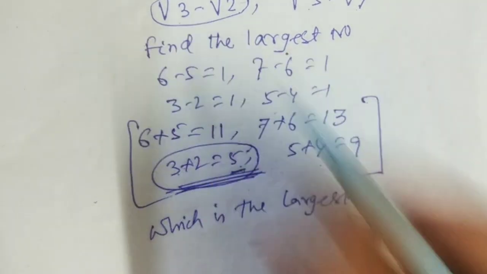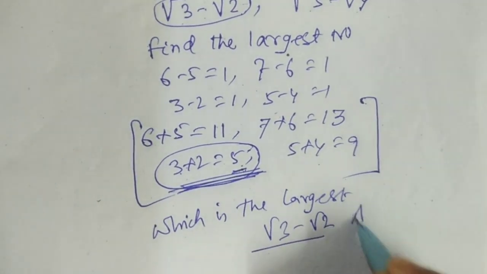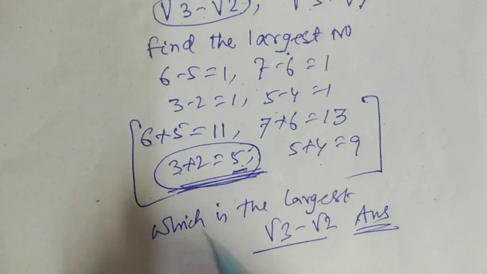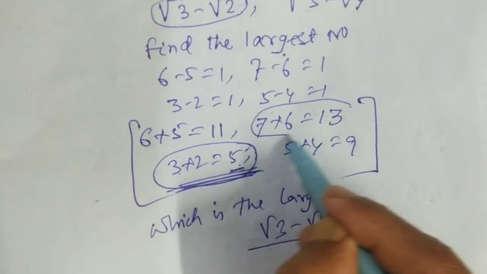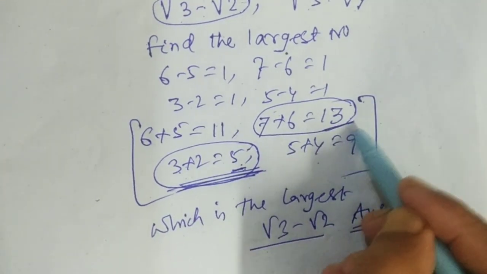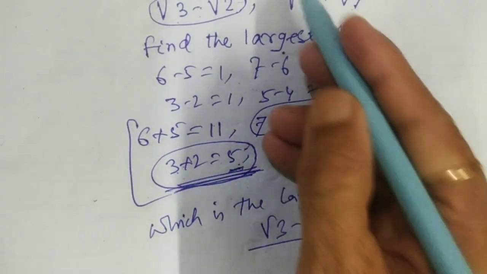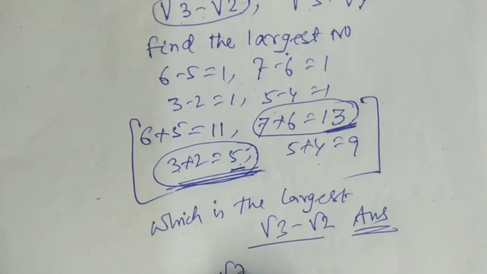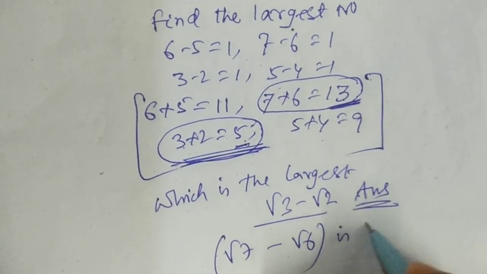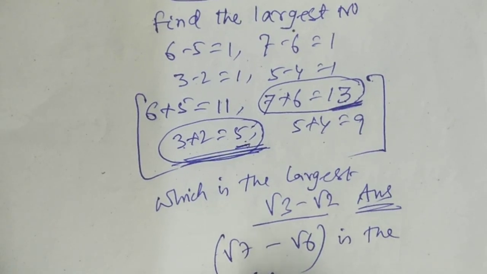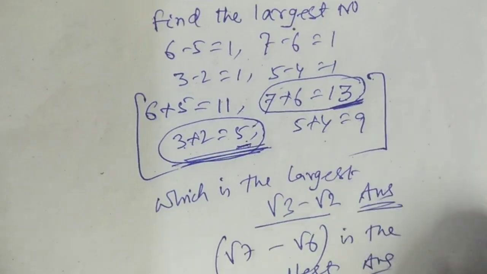Root 3 minus root 2. And which is the smallest number? Because this value comes maximum here. So which is the smallest? Root 7 minus root 6 is the smallest. Very, very important. Thank you.